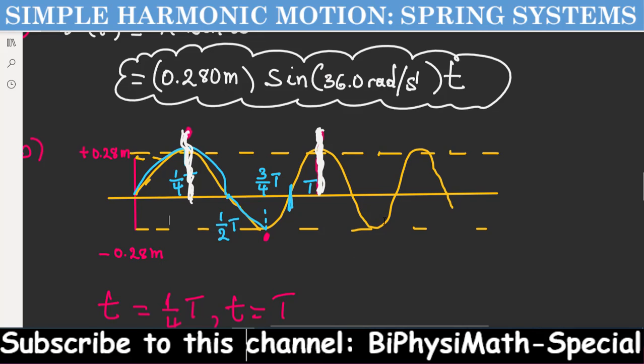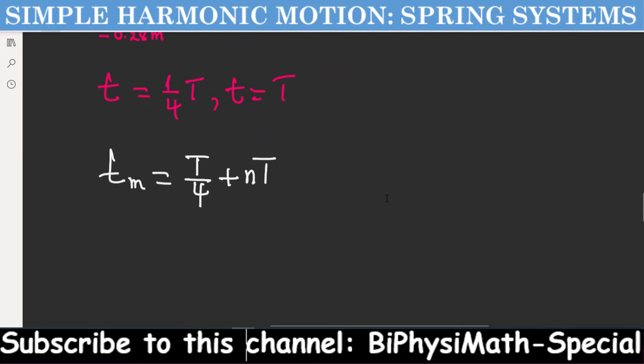Now we express the idea like this, where n is 0, 1, 2.